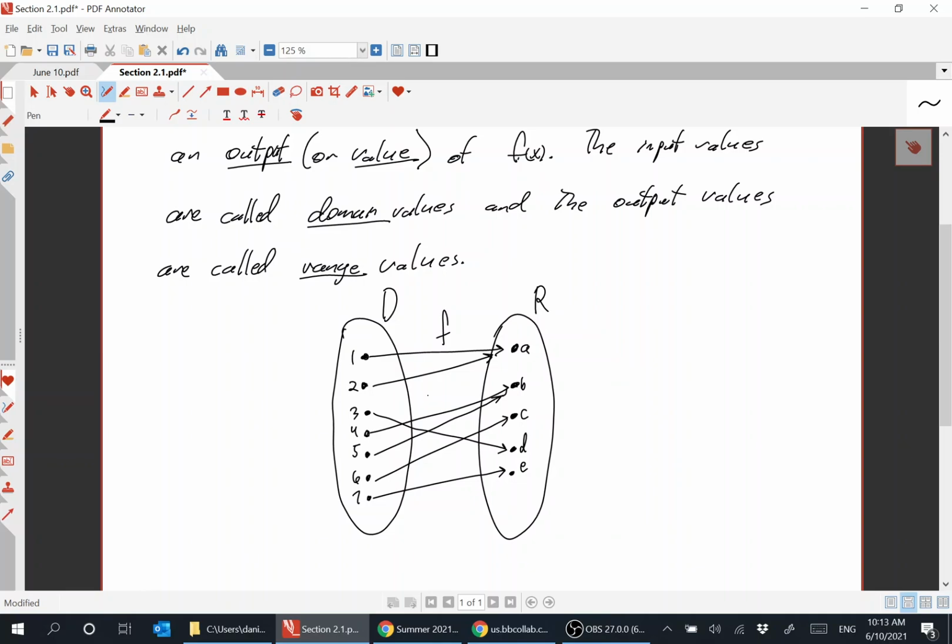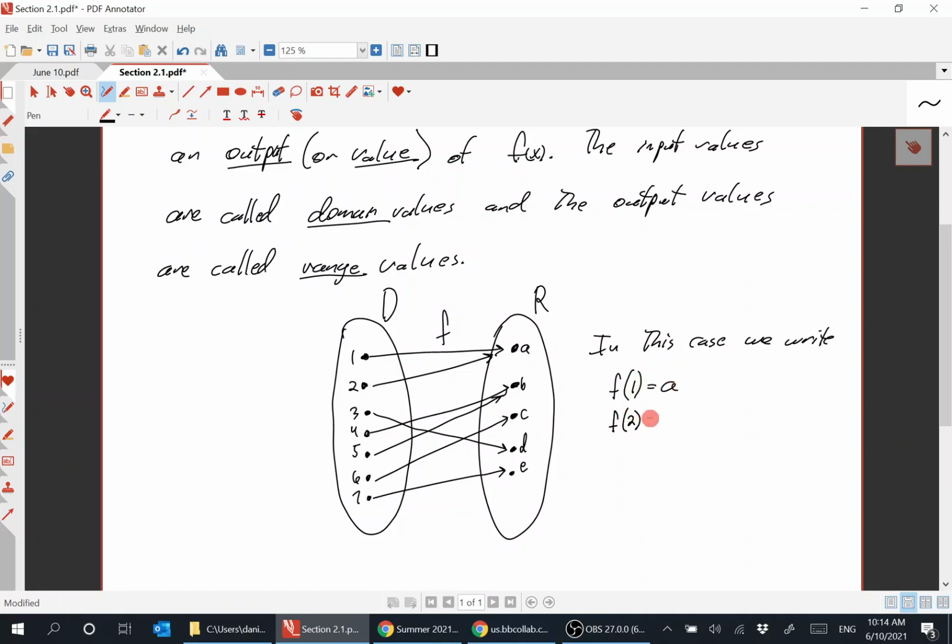So for a function that has this diagram, what we're saying is that input 1, or domain value 1, goes to range value A. So this is written f of 1 gives me output value A. So the value of the function is equal to A when the input is 1.